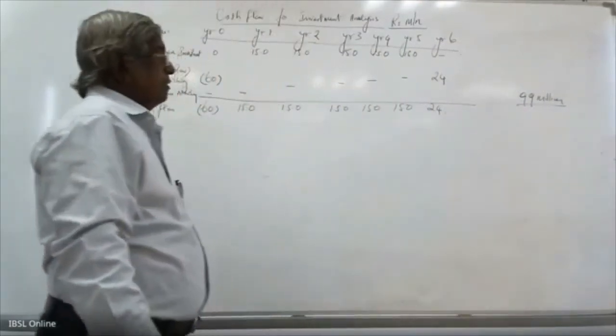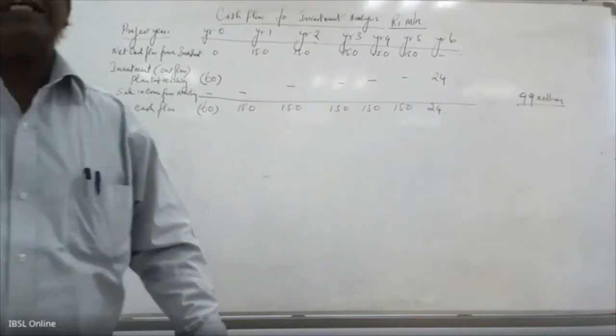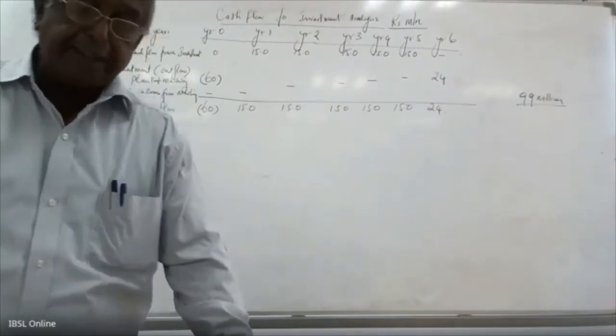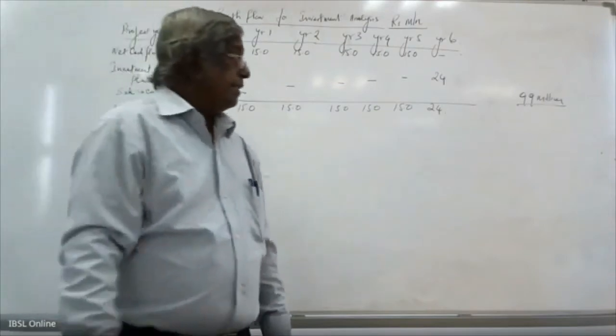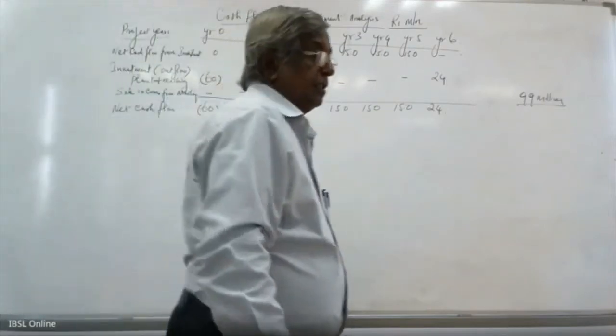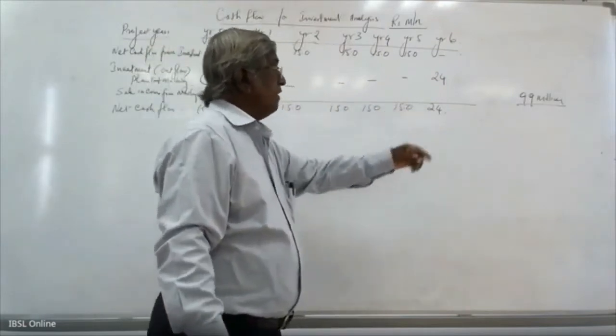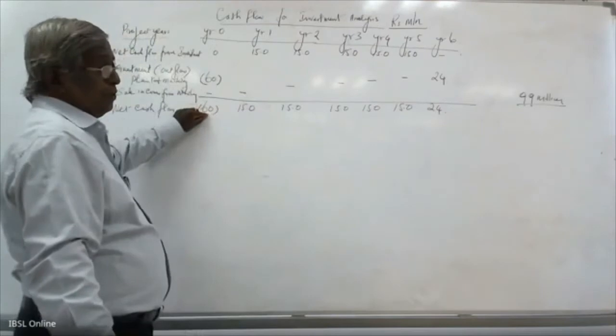Investing 60 million, when you are just looking at it, it is very, very attractive. By investing 60 million, they are getting 99 million. But these are future values of money. This is the present value.